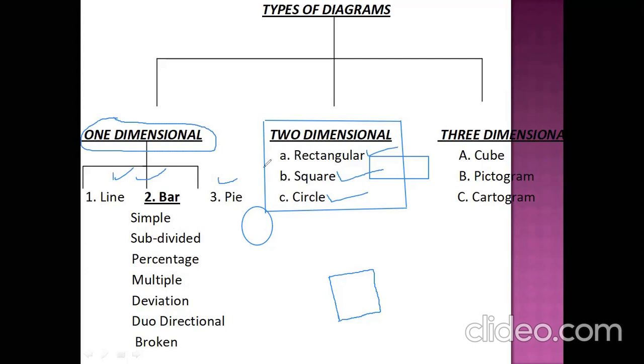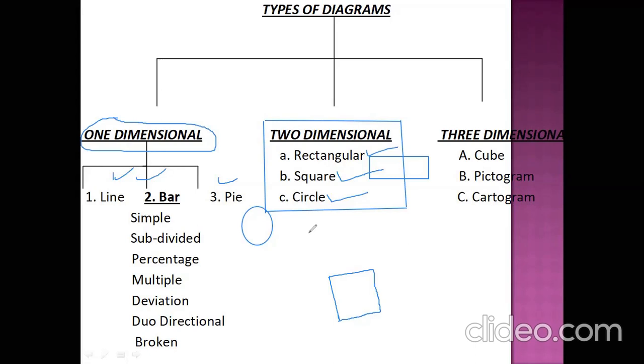And in 2-dimensional diagrams, in today's class, we have learnt about rectangular diagram, square diagram, and circle diagram. In the next module, we will learn about cube diagram, pictograms, and cartograms.